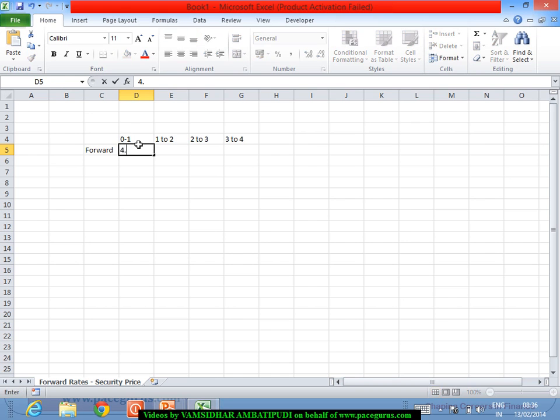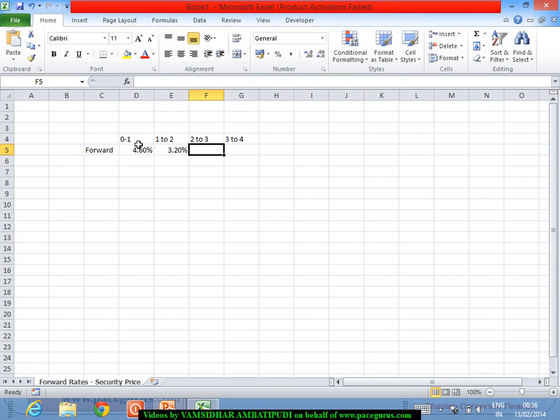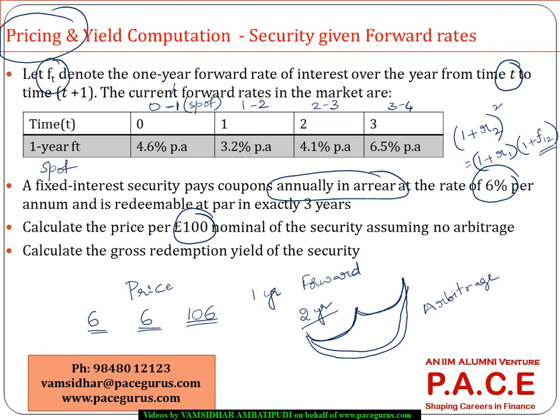The forward rate is 4.6%. Then 3.2% means the interest rates are going to fall between 1 to 2 years. Then between 2 to 3 years it is again slightly rising to 4.1. Between 3 to 4, there is an expectation of 6.5. But this is immaterial to us because our security has a maturity of only 3 years.